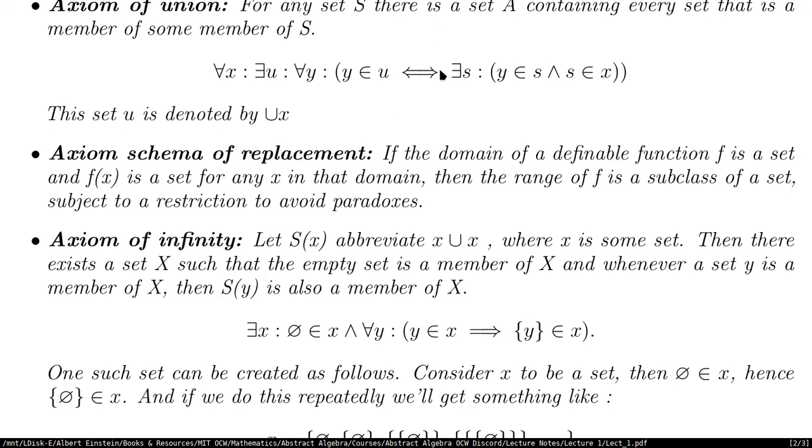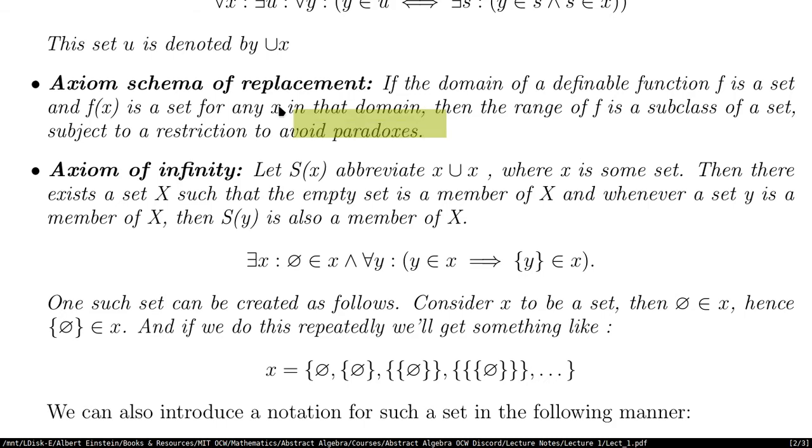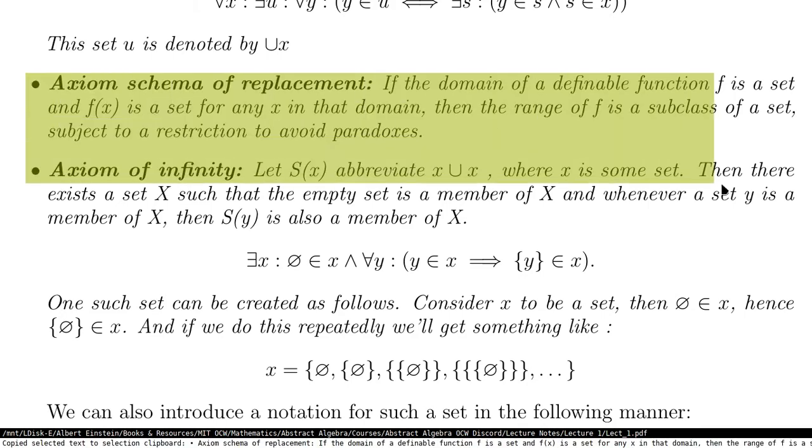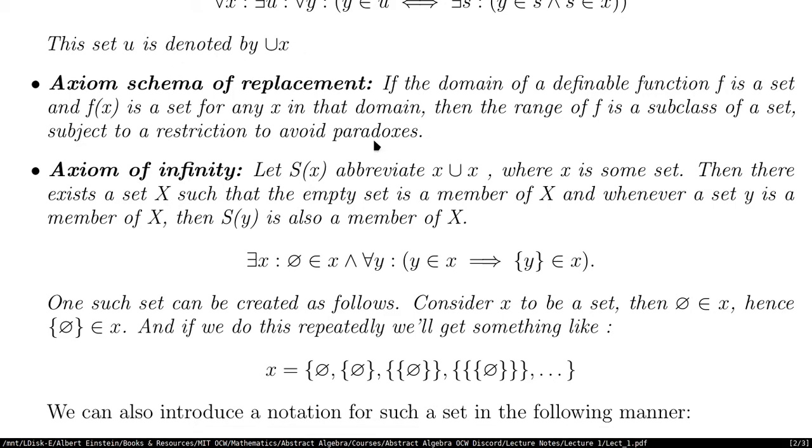For example, if you have a function f going from A to B, f restricted to A is going to give you the image of A, and that's the schema of replacement. It's used a lot, but mostly you don't really use this as an axiom because it comes along when you deal with functions.